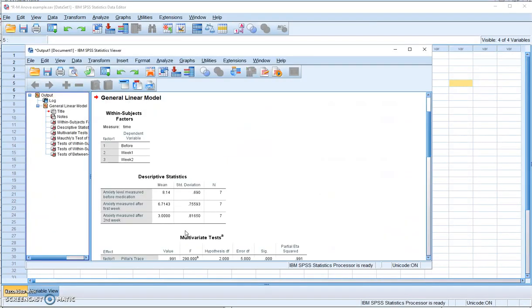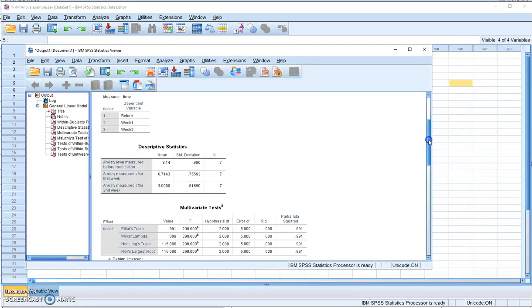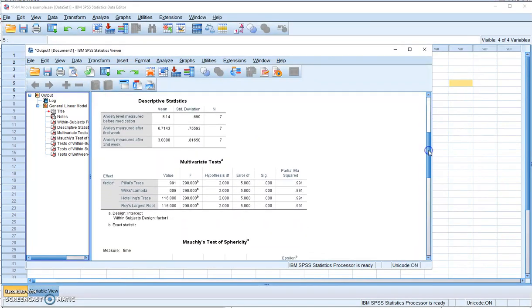And here is the output. The first table, very simple, just tells you that for your time as a measure, you have 3 repeated measures. The measure was taken at 3 different times.